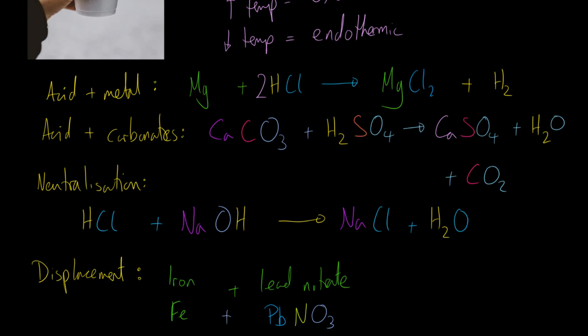And because iron is more reactive, it will displace the lead, and you end up with iron nitrate and lead. So you get FeNO3 plus Pb. Something like that. And you will measure the temperature before and after, and you'll see whether it's an exo or endothermic reaction.